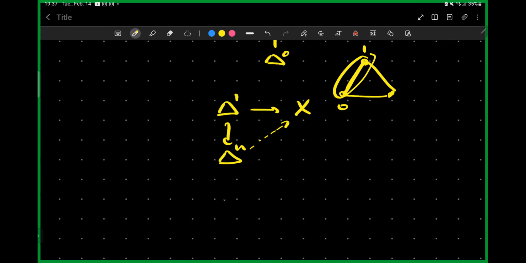Then we need to see that if we have an action on a simplex like this, then it is homologous to the initial simplex, and one moment, how do we do that? Let me think for a moment.